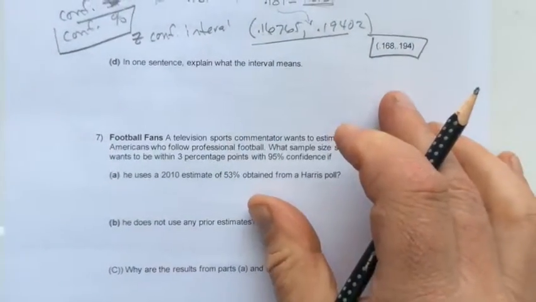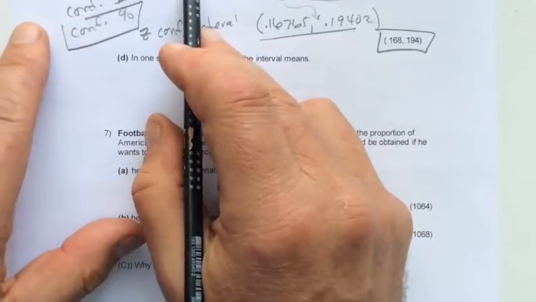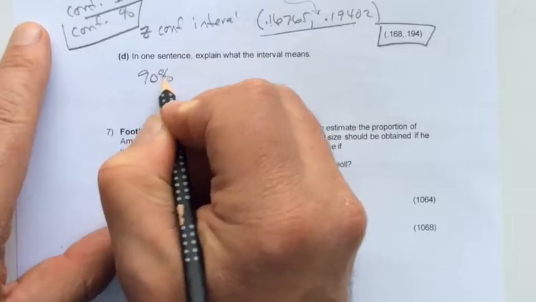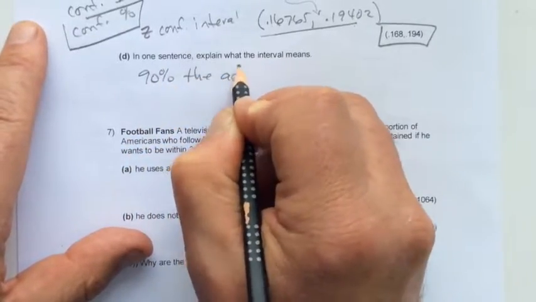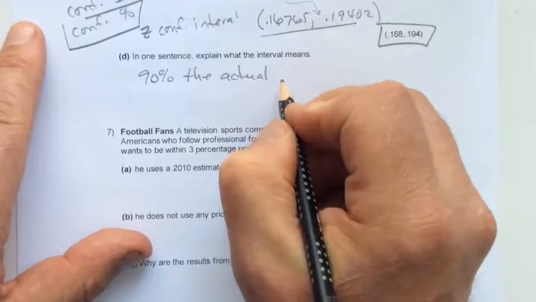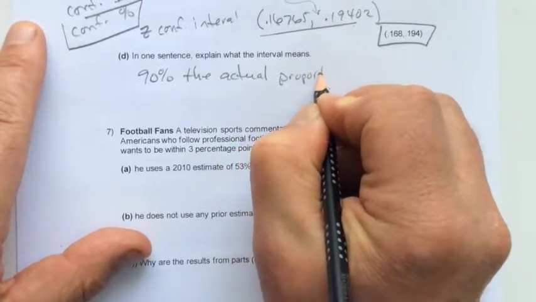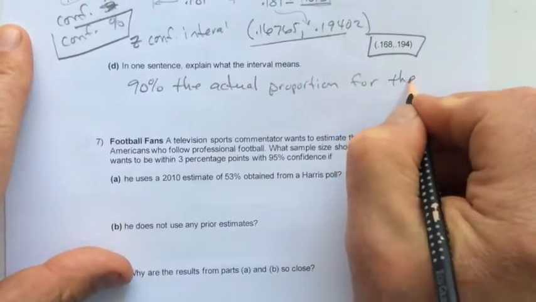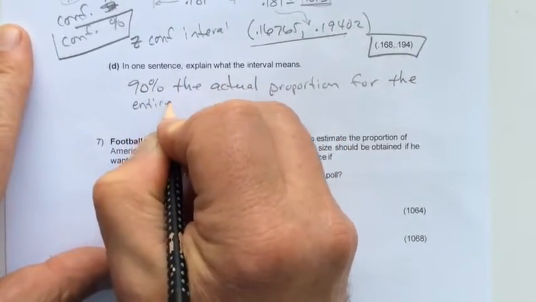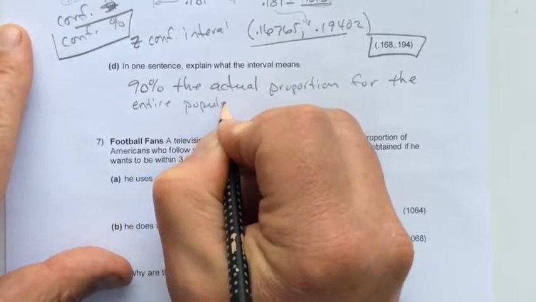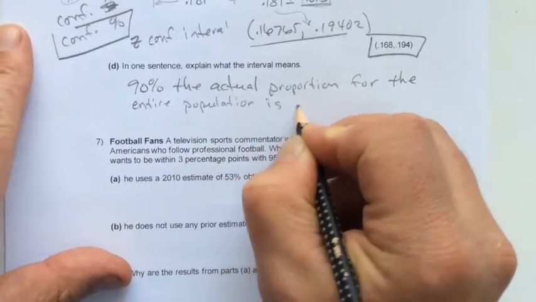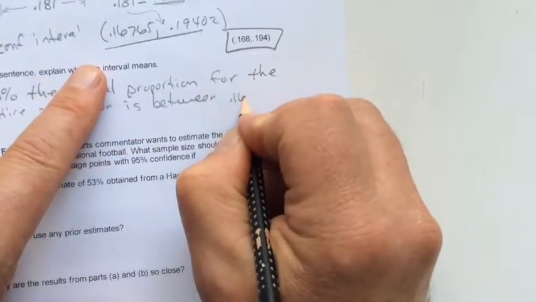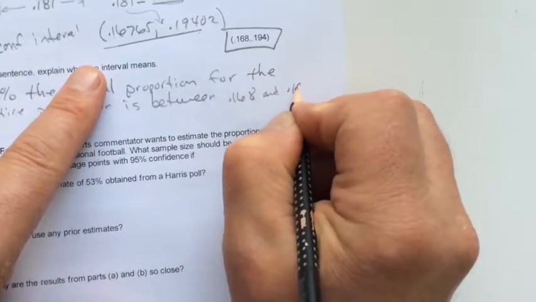What we're saying is we're 90% confident the true proportion, so we're 90% confident the actual proportion for the entire population is between 0.168 and 0.194.